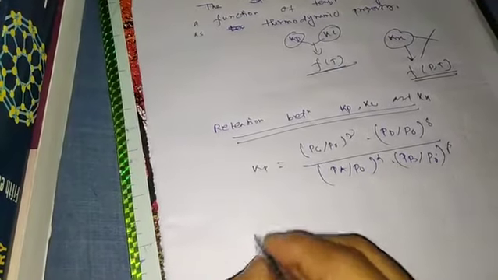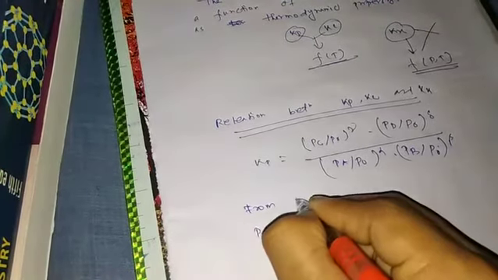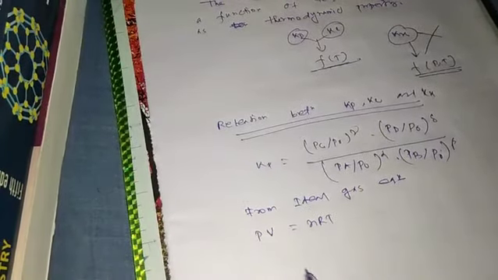from the ideal gas equation we know that PV equals nRT.